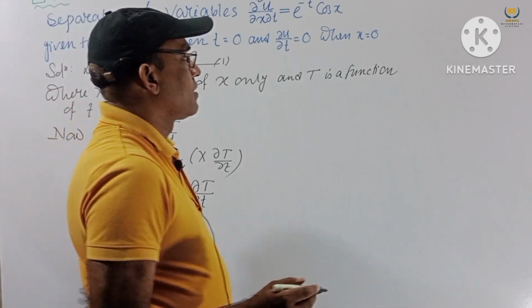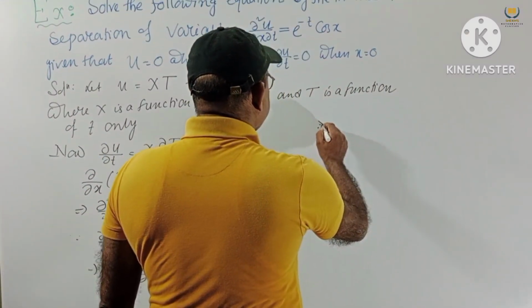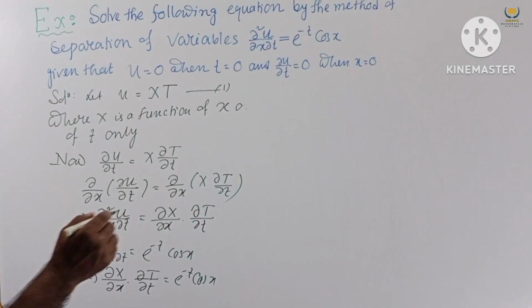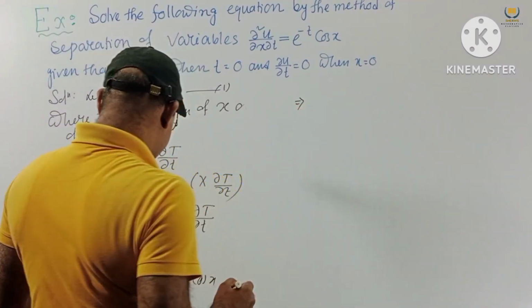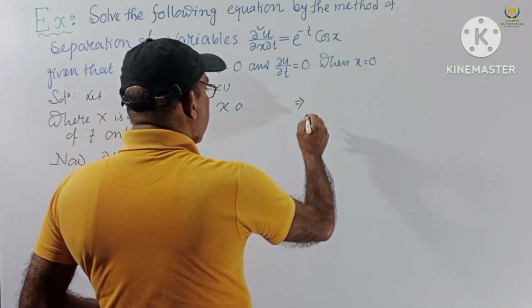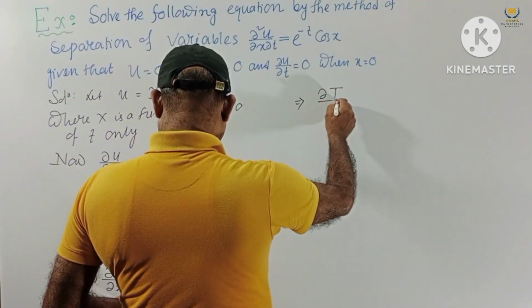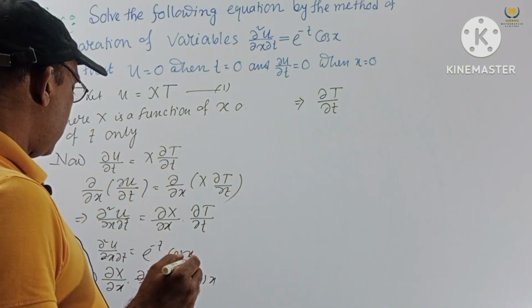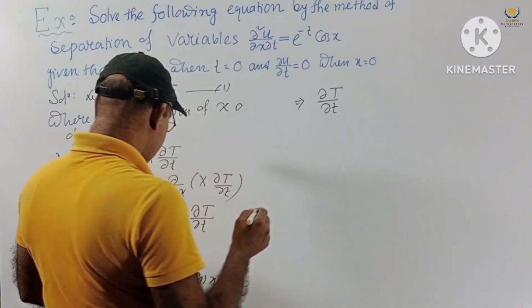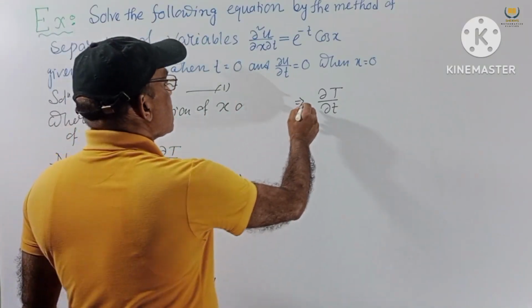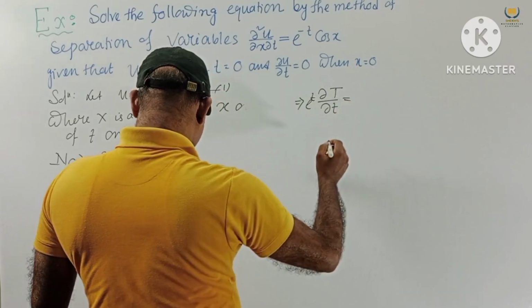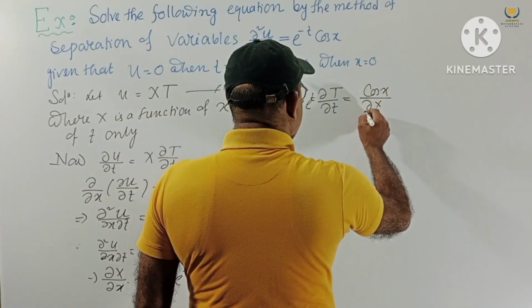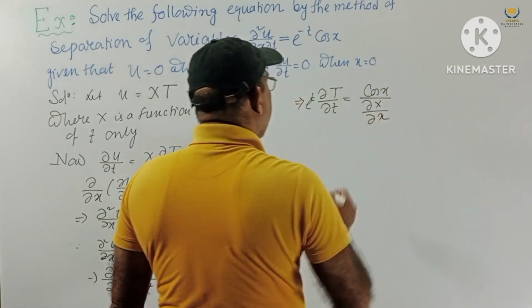We get this one, and this implies, if we multiply this by e to the power t, we get cos x by dX by dx.